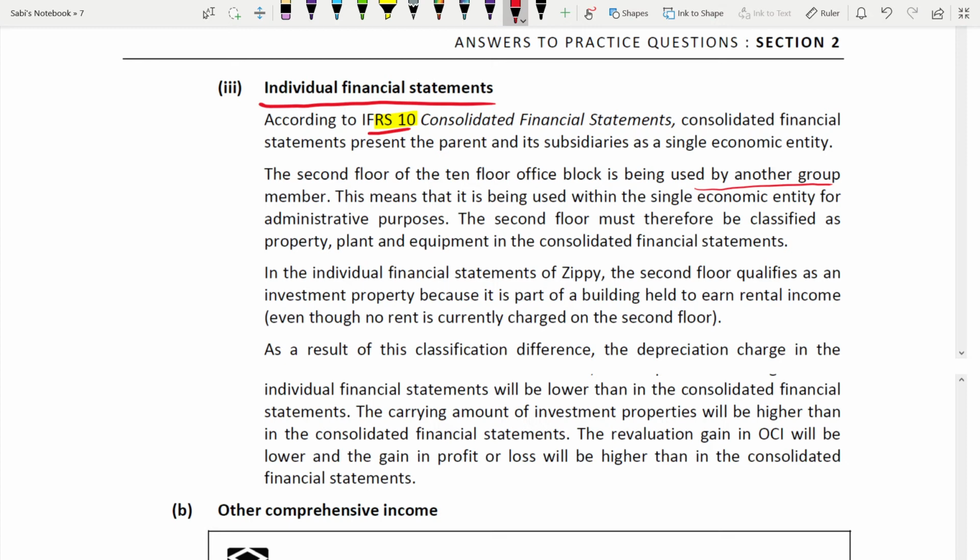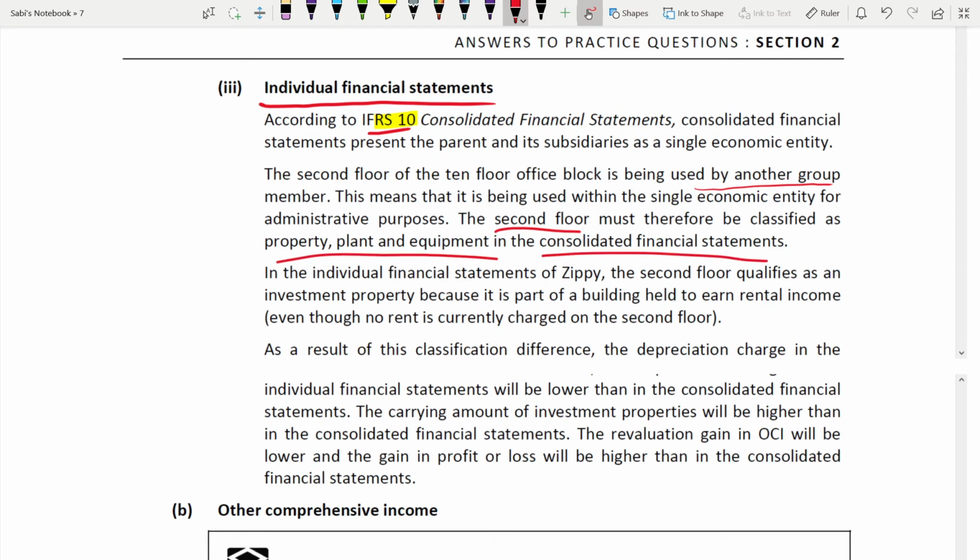Same like that. This is one group. The second floor must therefore be classified as PPE in the consolidation. This is like repetition of what we have told before. So the second floor is classified as PPE in the consolidated financial statements, okay?